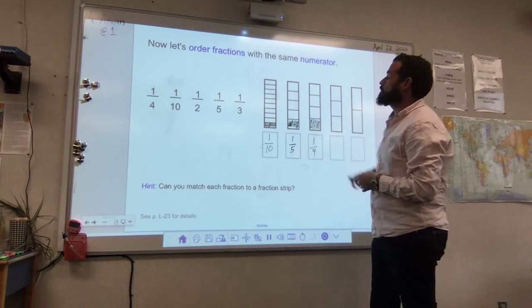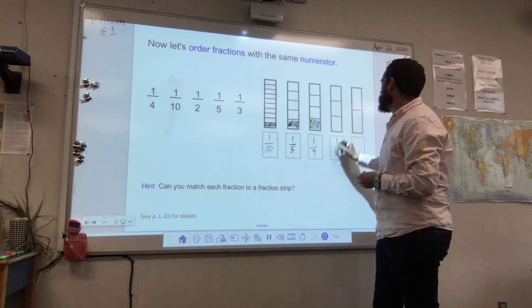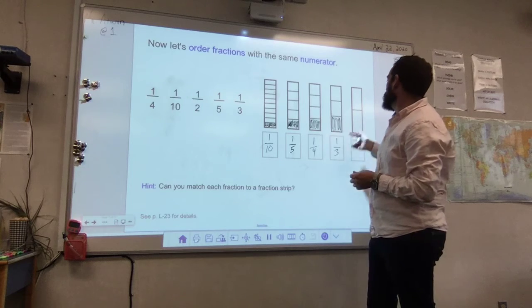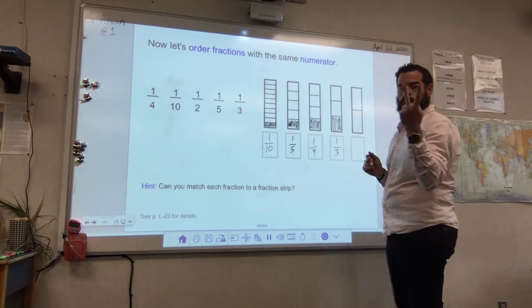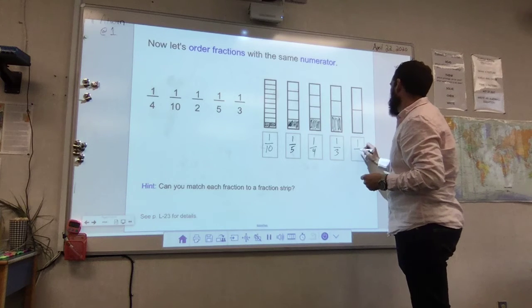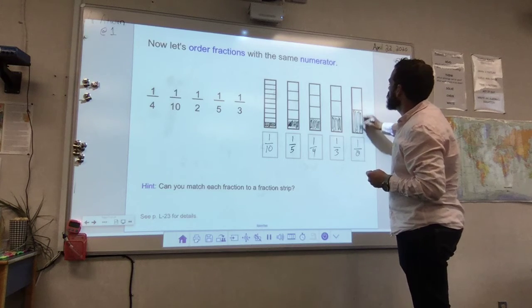Now I've got thirds. There's 1/3 right there. I'll write that. Color that in. And then finally, 2 parts, so a half. There's 1/2. Color that one in as well.